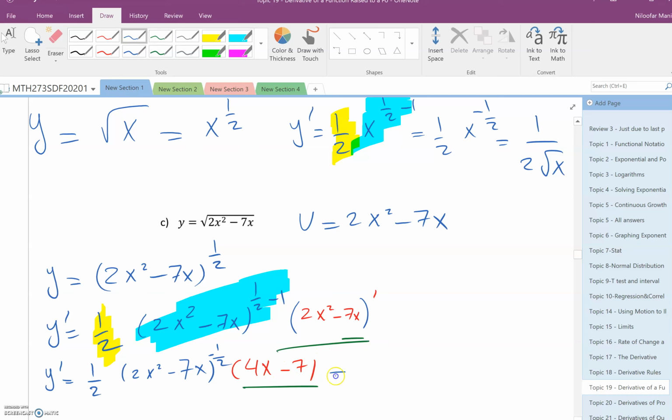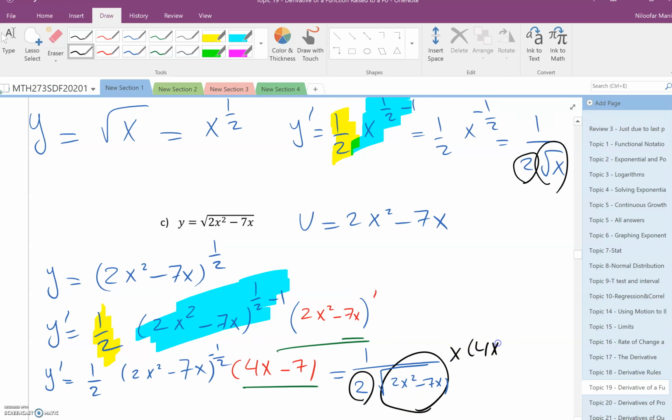So it is 1 over 2 radical 2x squared minus 7x. Yes, see, compare. So this one and this one, and times derivative of inside, which is 4x minus 7, u prime.